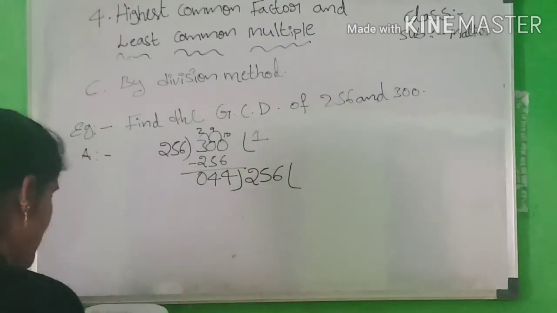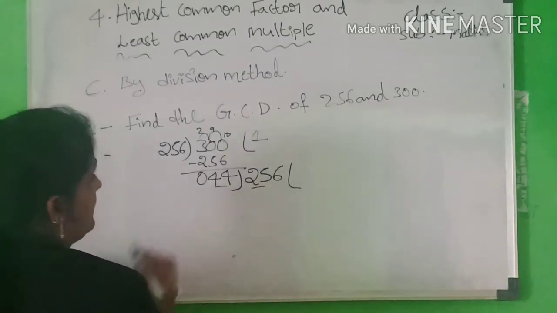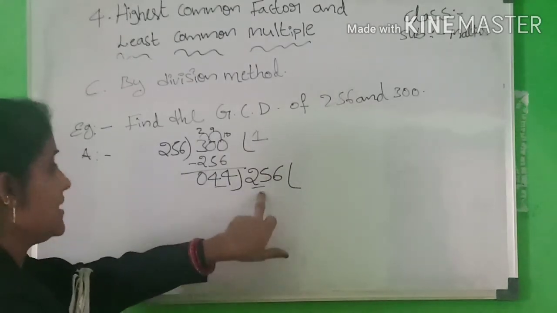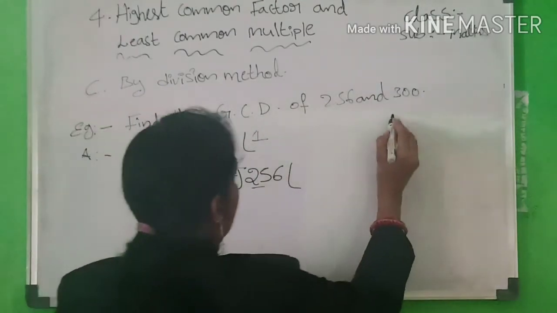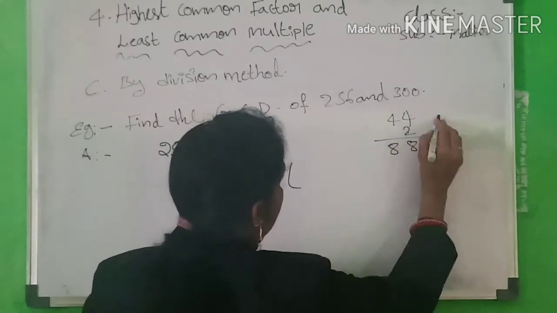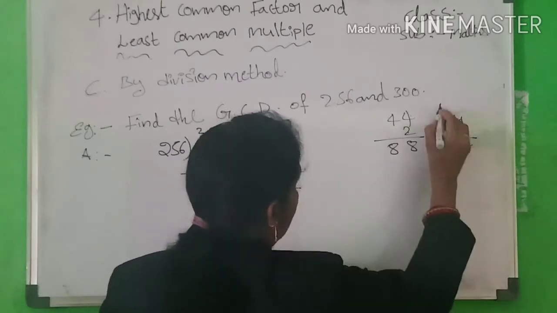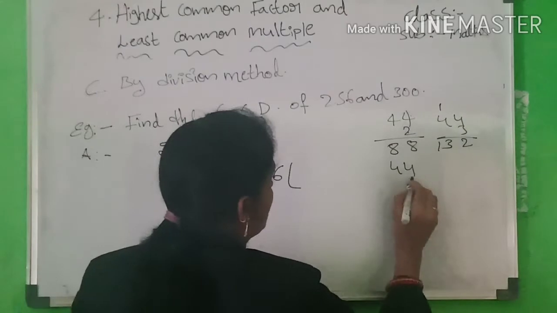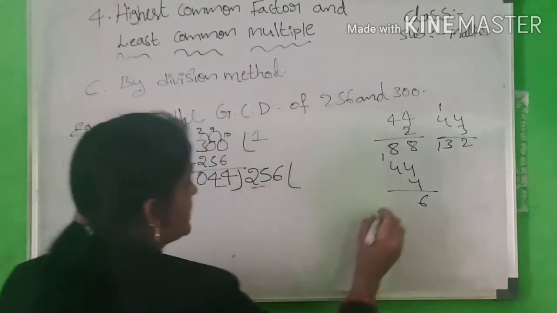Here 25 and 44, the divisor is smaller than the dividend, so you have to take 3 digits. 44 2s are 88. 44 3s are 132. 44 4s are 176. 44 5s are 220.